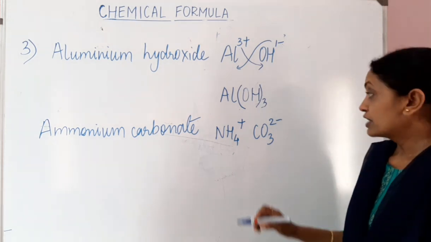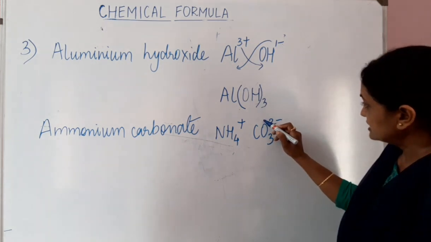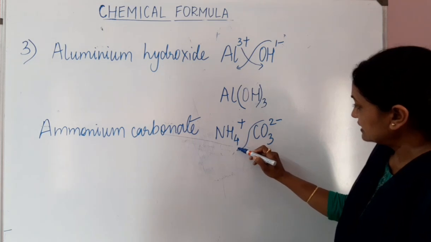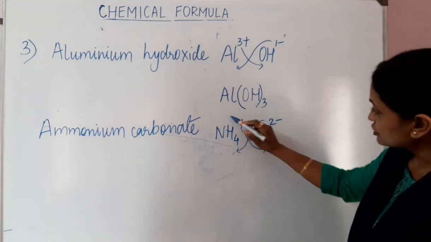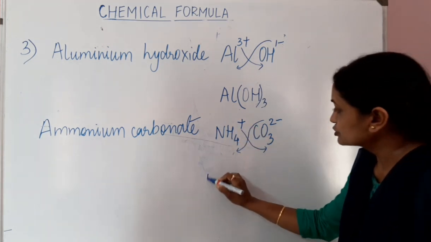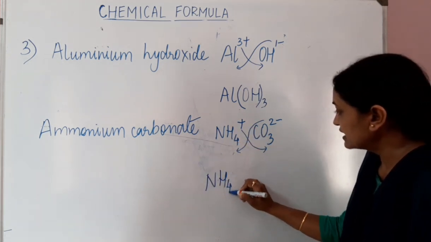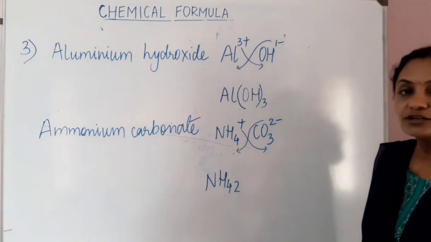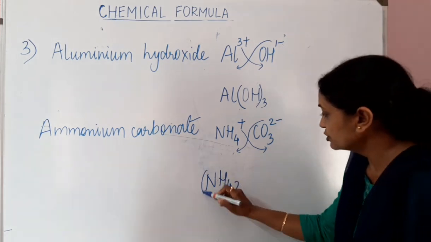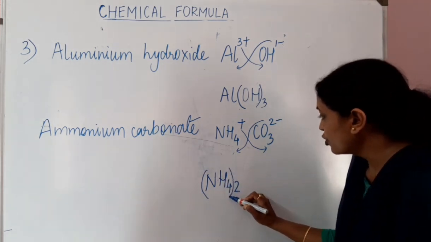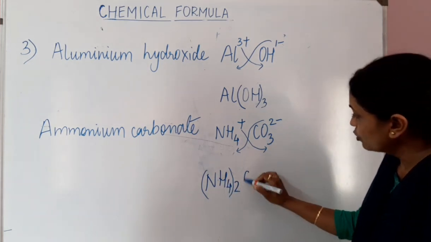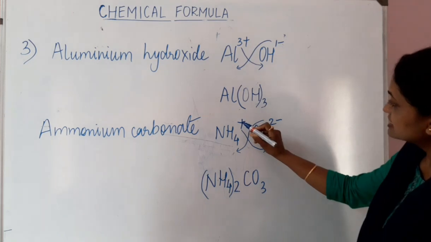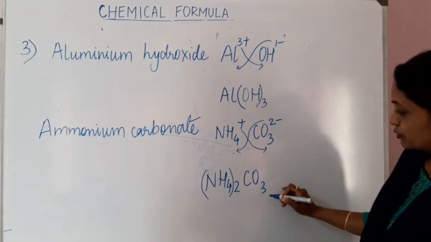If we interchange the superscripts and write them as subscripts, this 2 is for the whole ammonium. If I write 2 directly after NH4, it looks like 42, so we have to put a bracket. This 2 is for the whole ammonium, nitrogen and hydrogen. Carbonate has only 1, so no need to write 1.